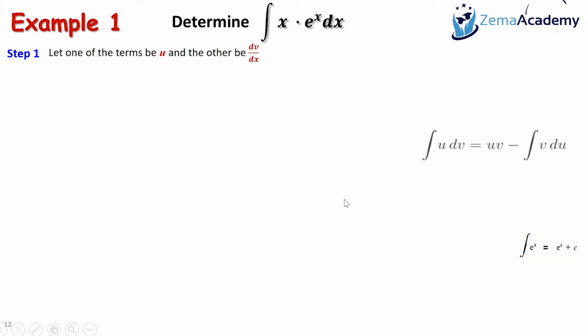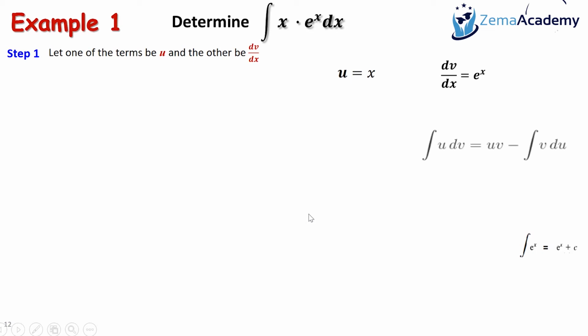Okay, so step 1. Again, I just want to remind you of this because today's topic I have put up as step 1, step 2, step 3, not only to help you understand, but also to show you that when you are attempting the problem, each of these steps has marks. So if you skip some step, you may not be able to get full marks. So step 1, you have to make one of the functions u and the other dv.